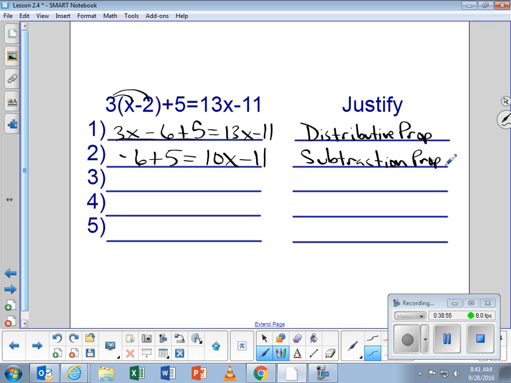Okay? Now, what might I do next if I used her first step? I would simplify, and what would I get? Negative 1 equals 10x minus 11, and you said the reason was? Simplify.